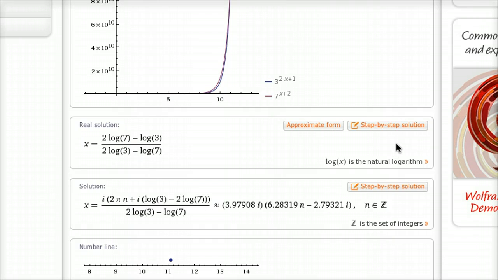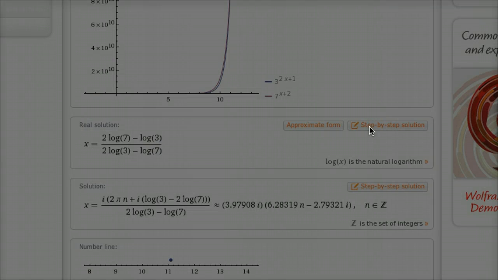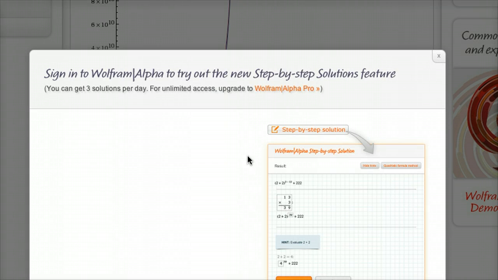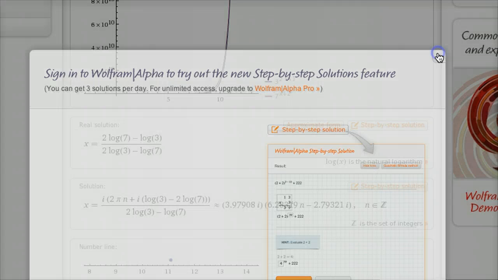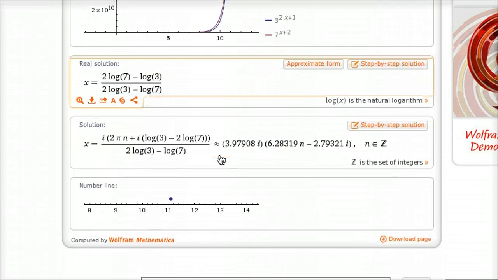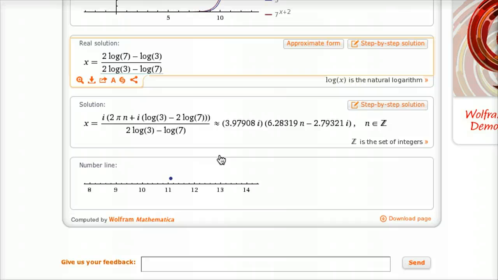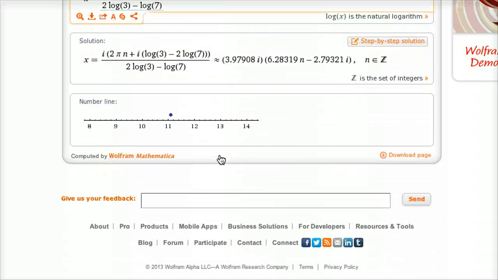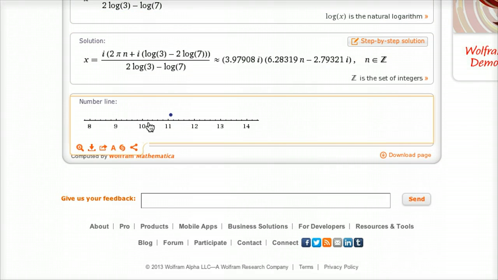Wolfram could show you step by step. I wonder if their steps match mine. Oh, we've got to go Pro to get the step-by-step solution, but that's okay. We know how to do it. And if you look down here on a number line, there it is, 11 point whatever. I must be right.